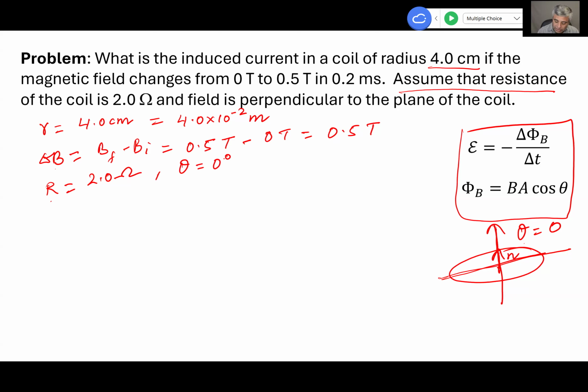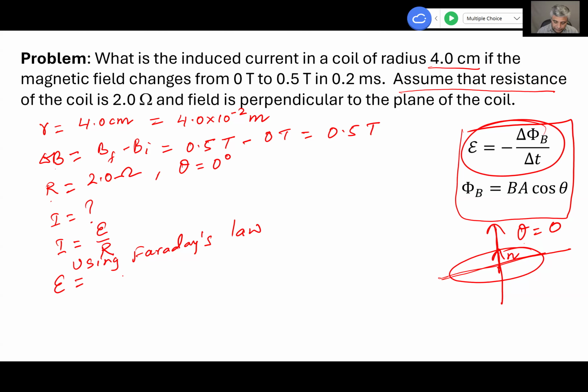Now it's asking us to find the induced current. So we know induced current is induced EMF over resistance. So induced EMF using Faraday's law, which is this equation basically.